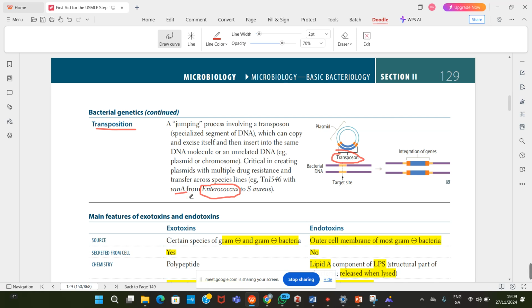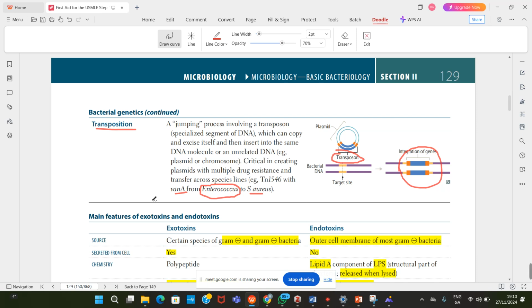Once Enterococcus interacts with Staph aureus, this transposon is going to cut itself, or it can copy itself, and it will jump to the chromosomal DNA of Staph aureus and paste itself on the site. In that process, Staph aureus becomes vancomycin resistant. That's it. It's just jumping. Do we understand that?